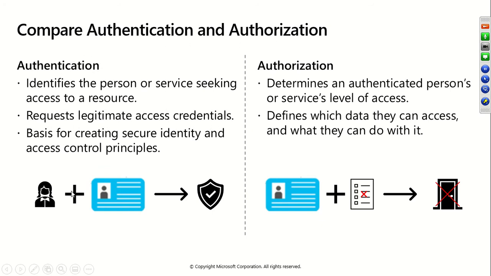What is authentication? Authentication is a way you identify a person. I mentioned before, a person can be called a user or a service. You can also say a service is a user. But the way to identify who a person is and what is the service that wants to access a resource is through authentication. And to authenticate, there should be a request for legitimate access credential.